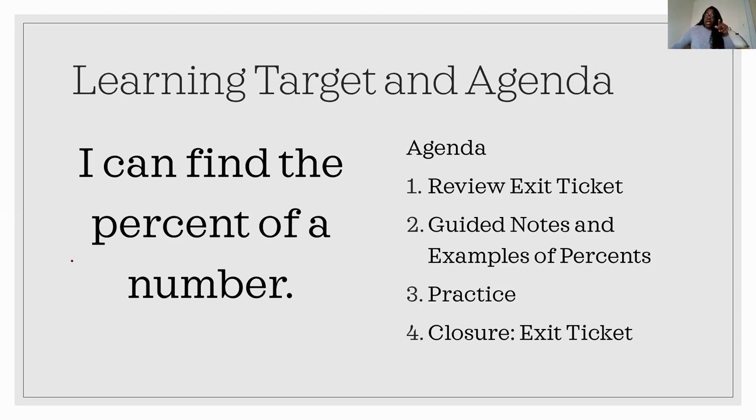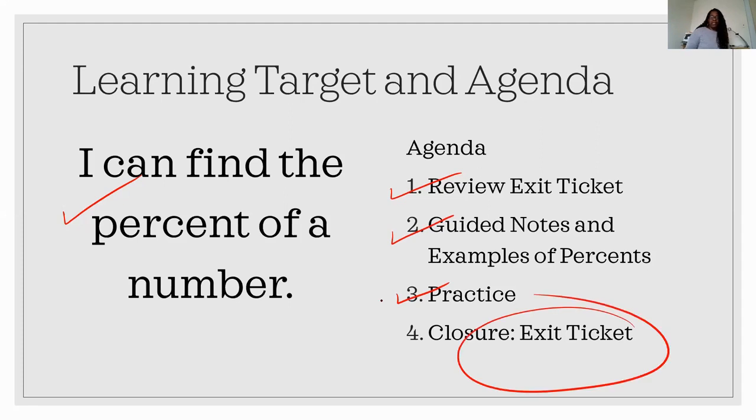Or you can do the handy dandy trick of moving 2 places to the left if you're going from a percent to a decimal, and 2 places to the right if you're going from a decimal to a percent. And you can use my terminology sheet to help set up when you need to look for the percent or when you need to look for the number. So we reviewed, we looked at the guided notes examples, and we did a couple practice problems.